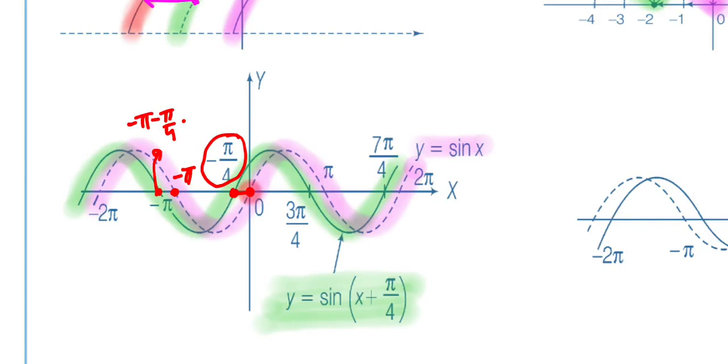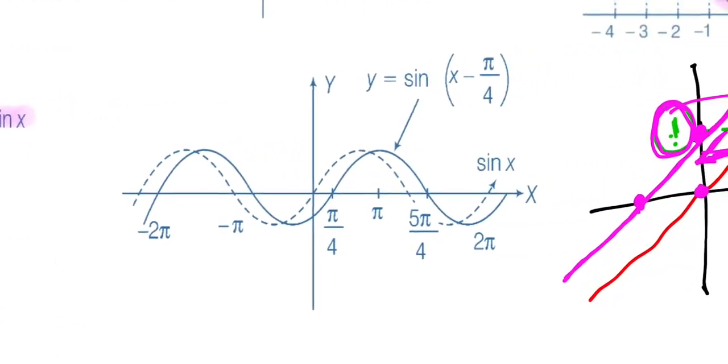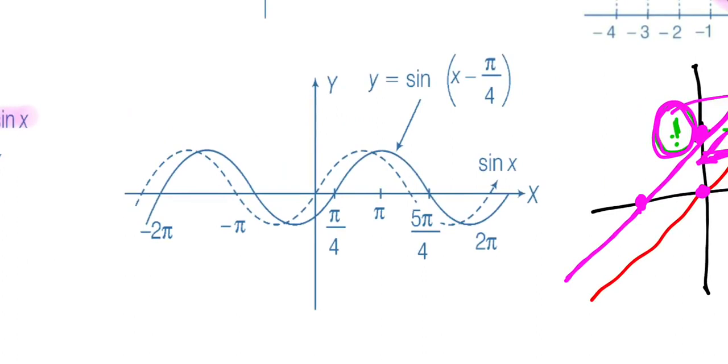Next we have again the graph of the function sin x given to us. If we have to plot the graph of the function y is equal to sin of x minus pi by 4, now it is a minus sign over here, minus pi by 4.